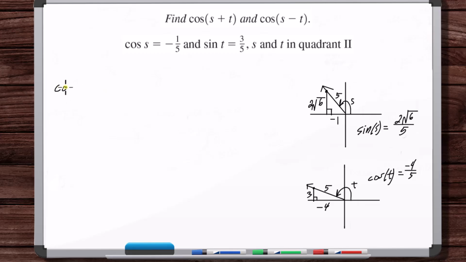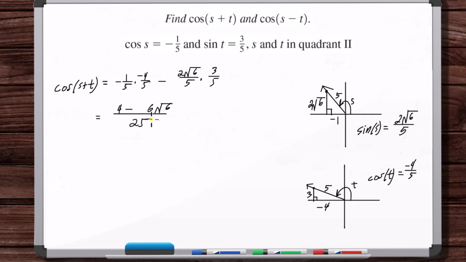Okay. So cosine of S plus T. All right. Cosine of S, cosine of T, and then minus sine of S times sine of T. All right. So we have a common denominator of 25, so we can do 4 minus, and then 2 times 3 is 6. 4 minus 6 root 6 over 25.